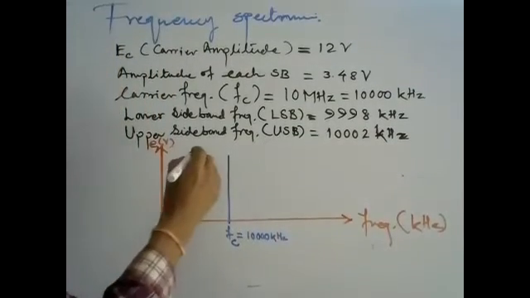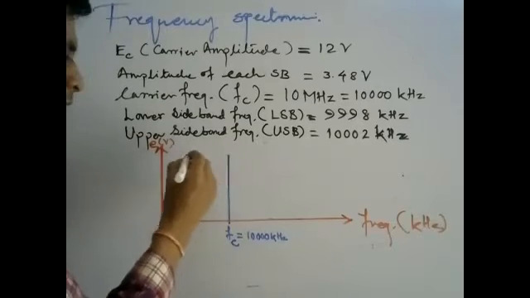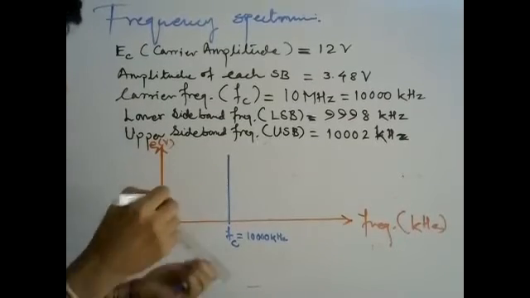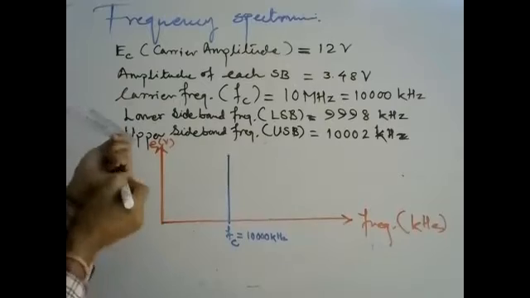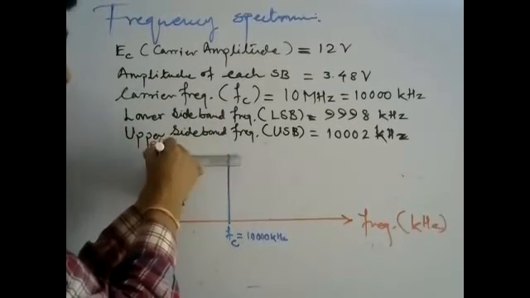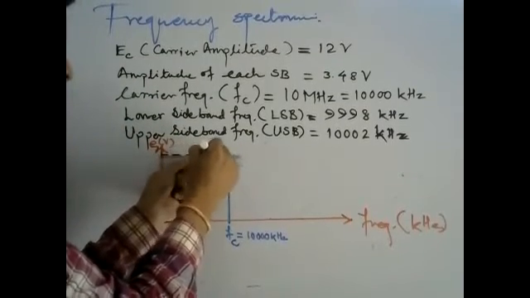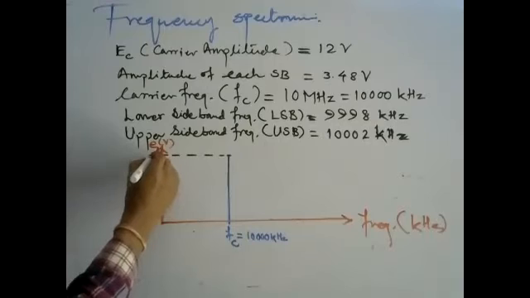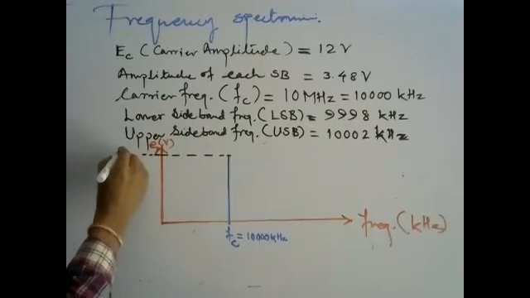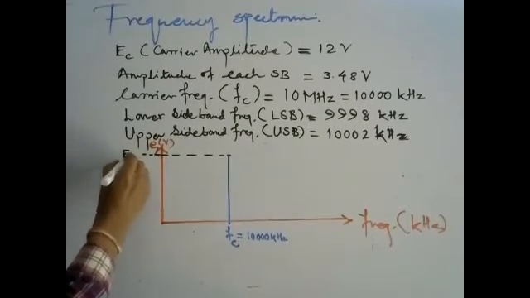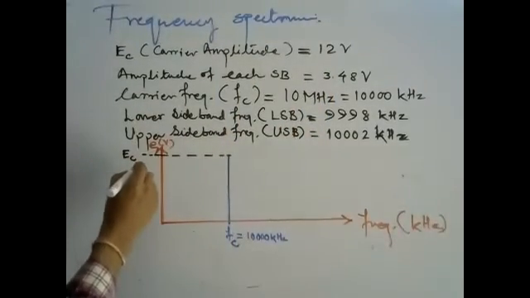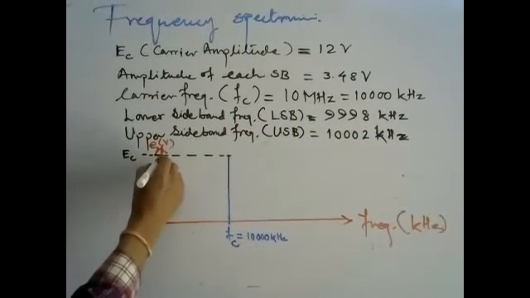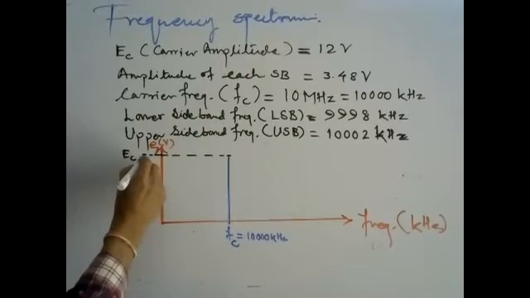And this is the amplitude, this is your EC. What is the value of EC? 12 volt. Therefore, here I will write 12.